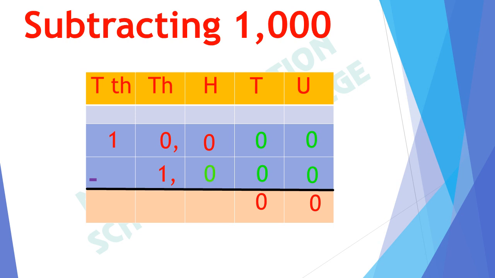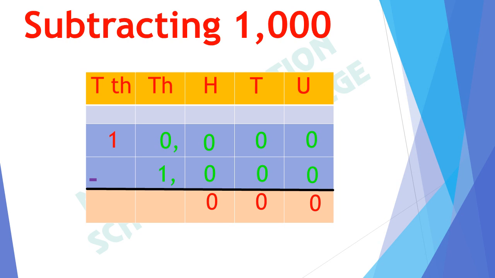We have to subtract 0 hundreds from 0 hundreds, and we will get 0 here. After the subtraction of hundreds, we will move towards the thousands. We have to subtract 1000 from 0,000. As we cannot take away 1000 out of 0,000, what will we do now?